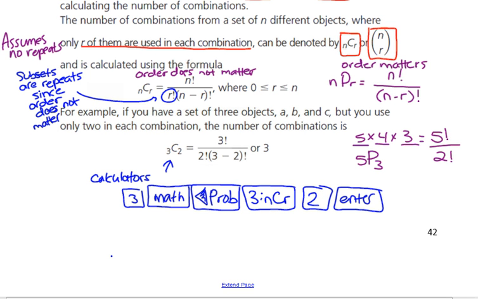What do we use if there are repeats? The fundamental counting principle. We just put in our dashes, like the digit, letter problem: 26, 26, 10. We just use the fundamental counting principle. Okay, turn the page.